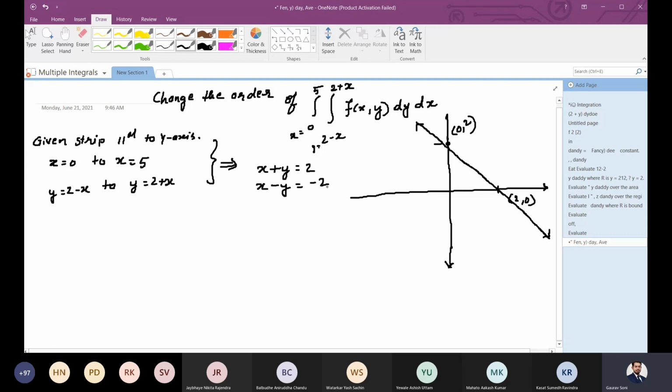For x minus y equal to minus 2, if you put y equal to 0, then x will get minus 2.